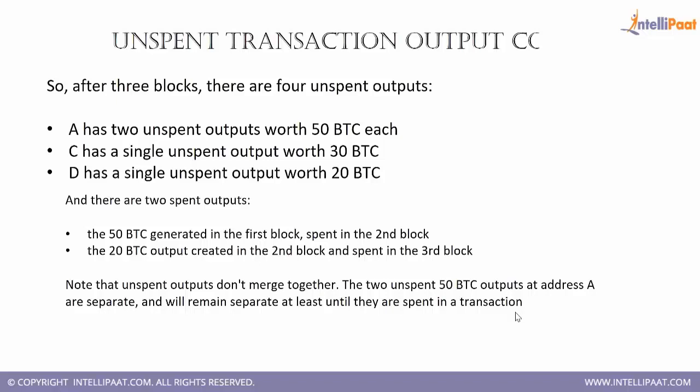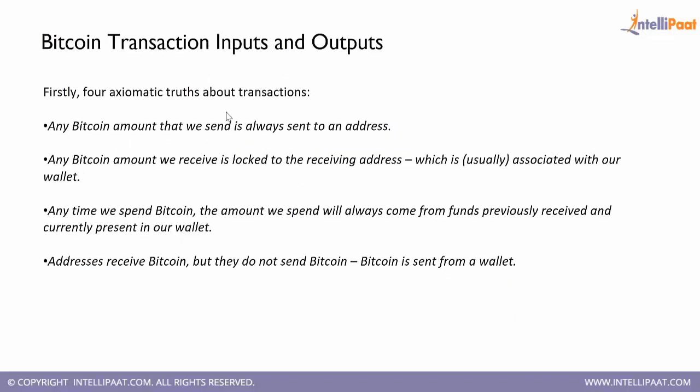If you want to spend an unspent output, you need to create a transaction from it to make it spent. So, Bitcoin transaction inputs and outputs. Firstly, 4 axiomatic truths about transactions. Any Bitcoin amount that we send is always sent to an address.